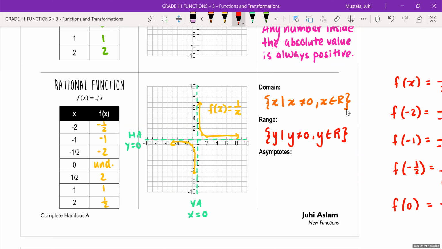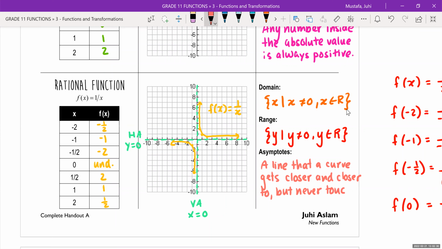And to end this question, we will just write a short note on what exactly an asymptote is. So a line that a curve gets closer and closer to, but never touches or crosses, until you learn that it does.